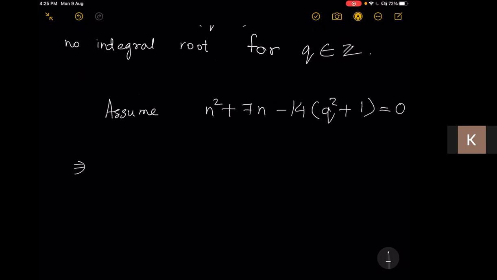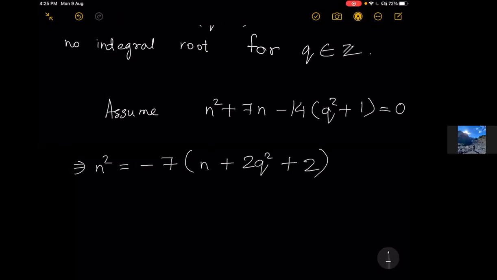So from here, n square is, if I take minus 7 common, n plus 2q square plus 2.